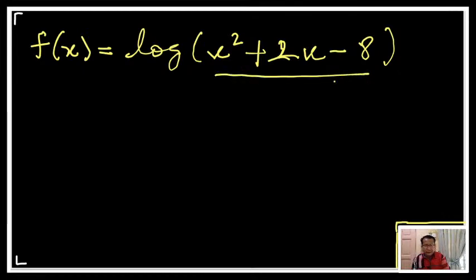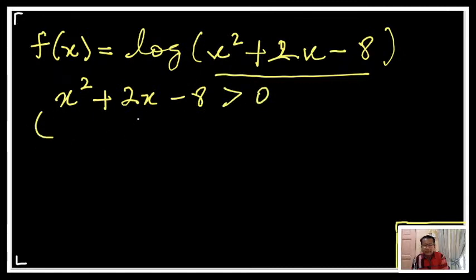The function inside the log should be positive, but not 0. So x squared plus 2x minus 8 is greater than 0. You do factorization, or you can use your calculator.